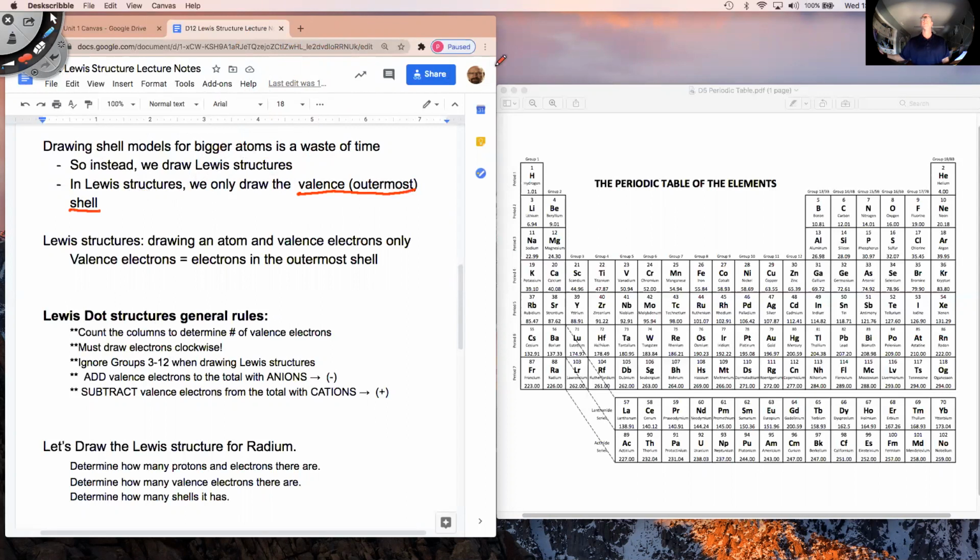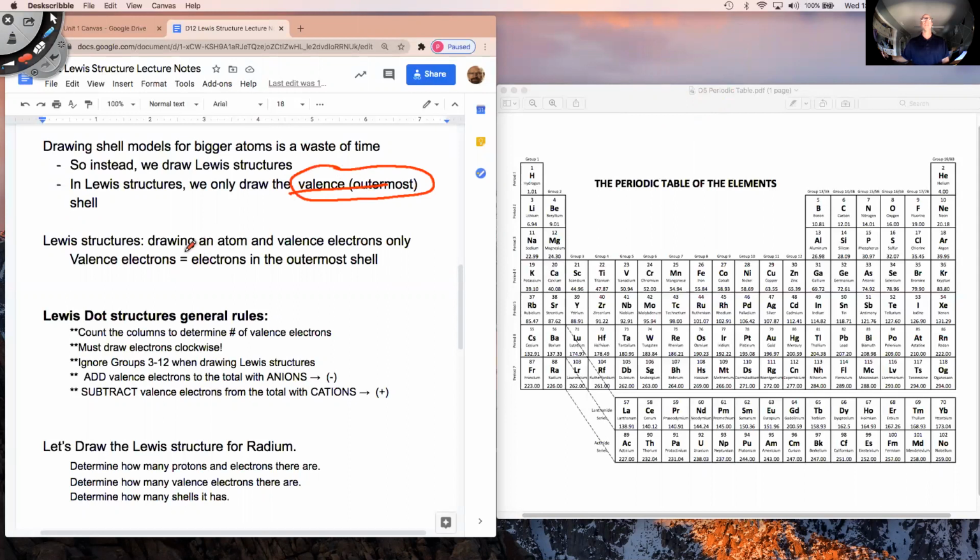Because in chemistry, we don't care about anything except the outer shell. These inner shells never react. It's the outer shell's electrons that react. So we care about the valence, which means the outermost electrons.